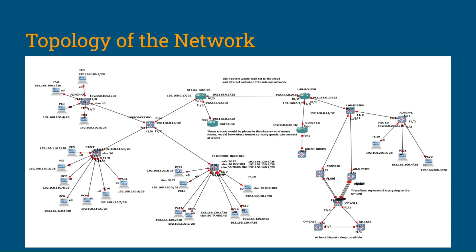Now, with this, all of the office VLANs are connected to the office distribution switch, and from that to the office router. And from that, they have a connection to the lab router. And the lab router is the connection point to the laboratory, and it has a respective lab distribution switch as well.